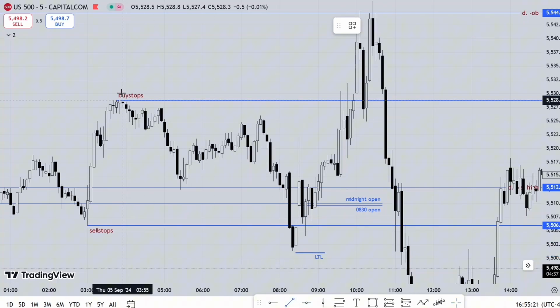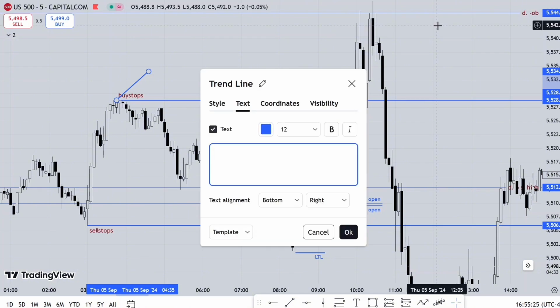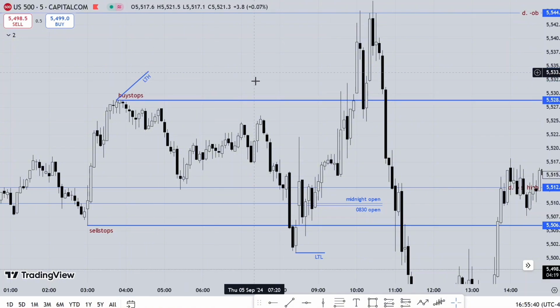And at these buy stops, you have the long-term highs. So you are going from a long-term low to target the long-term highs, which have buy stops resting above them, and also this daily bearish order block.